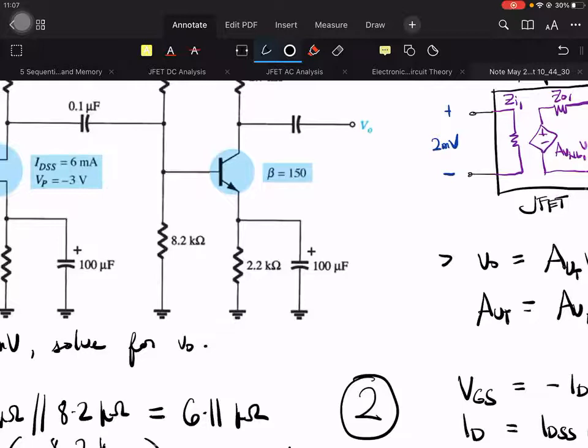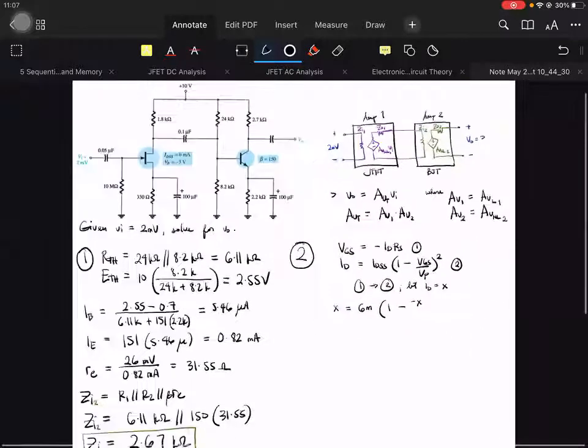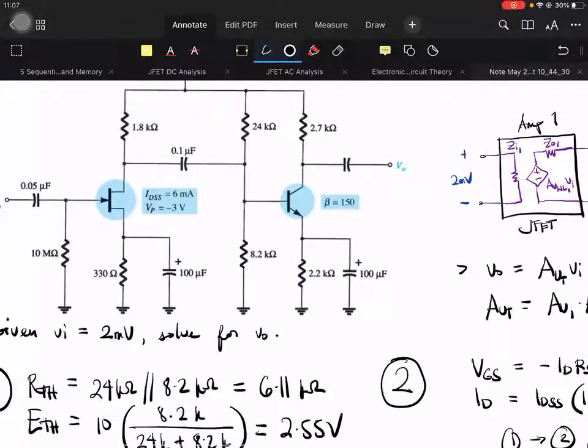VP is negative 3. One minus VGS, which is negative ID, which is X, times RS, which is 330 ohms.